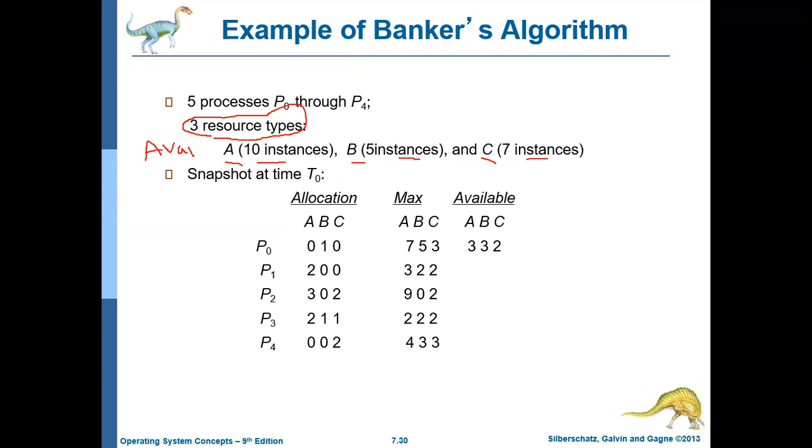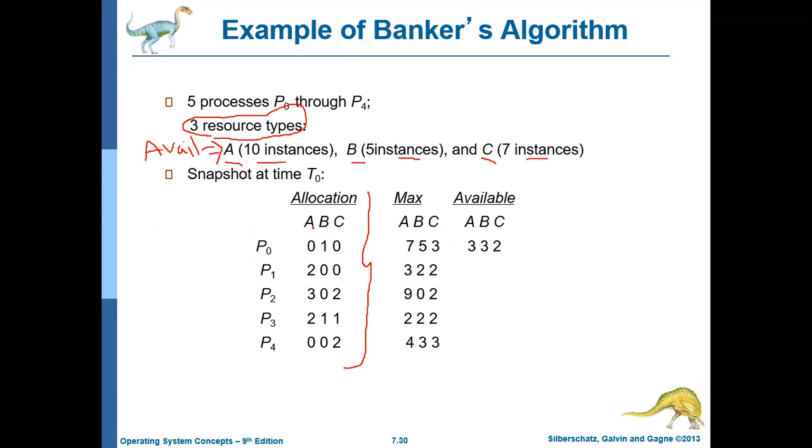This represents how many resources are available with the operating system. We have discussed many data structures, and the first data structure is available. And this is the allocation. Currently, this is how the resources were allocated to various processes. As we discussed, there are 5 processes P0 to P4. 0 instances of resource A are allocated to P0, 1 instance of resource B is allocated to P0, and 0 instances of resource C are allocated to P0.